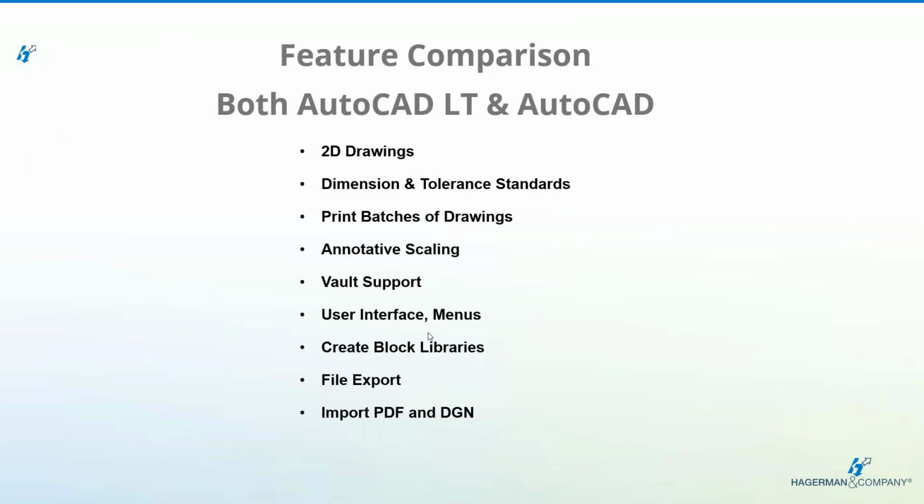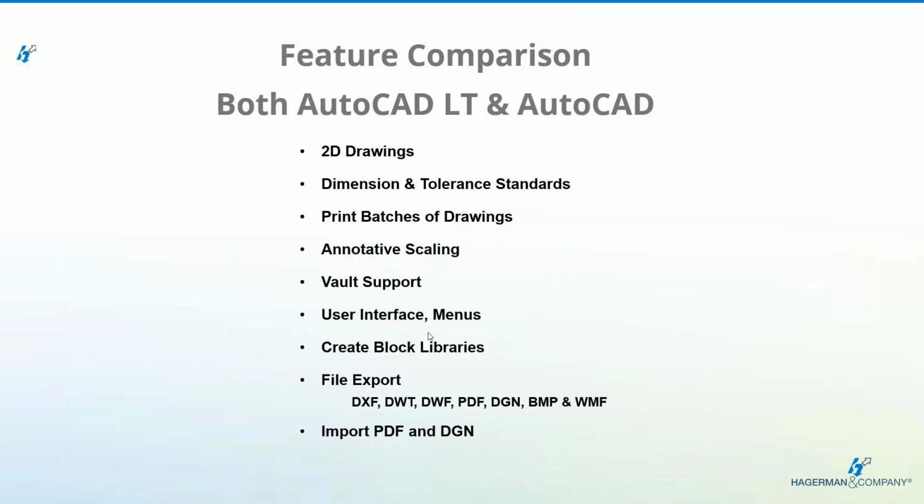With both products, you can create block libraries. We'll talk in a minute about more specifics, but there are some limitations in AutoCAD LT. Next is file exporting. You can export files from both products: DXF, which is the drawing exchange format, DWT, which is a template, DWF, which is design web format, PDF, DGN, which are Microstation files, bitmap, and meta files.